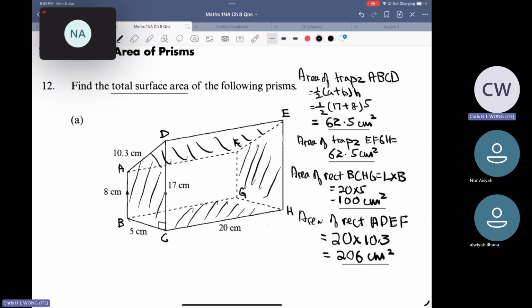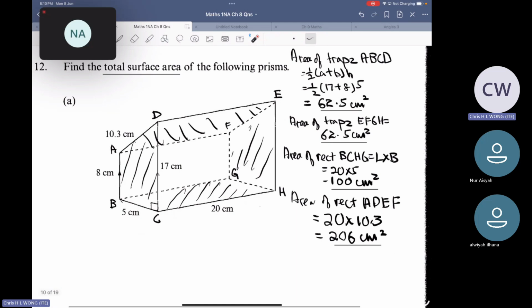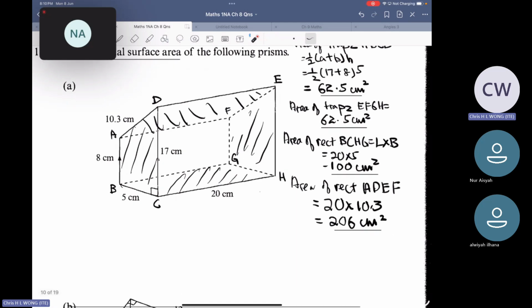Okay, now I'm going to do ABGF. Where is it? Behind, right? Sorry, ABGF. A, B, G, F. So I'm doing this, right? Behind, area of also a rectangle.